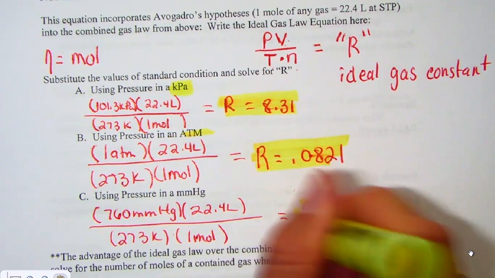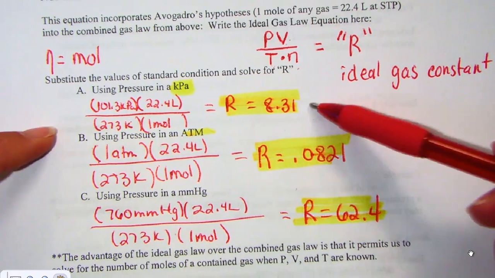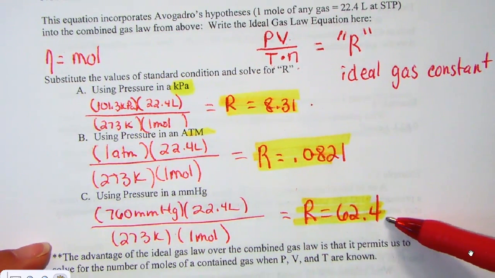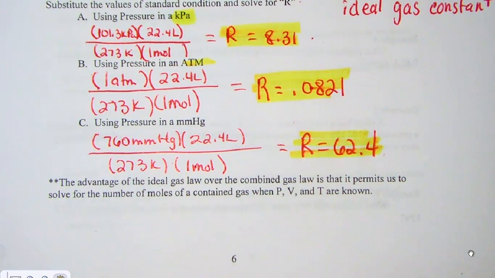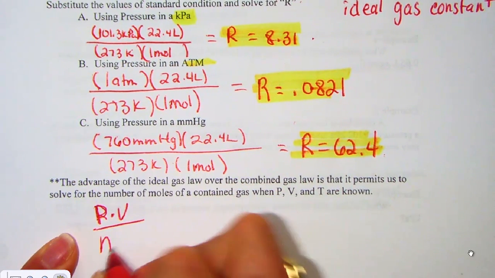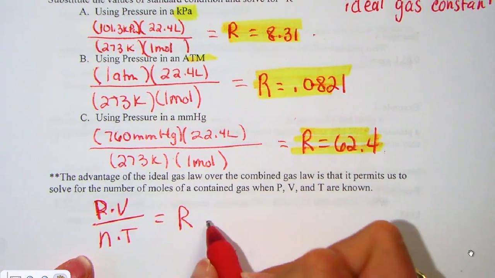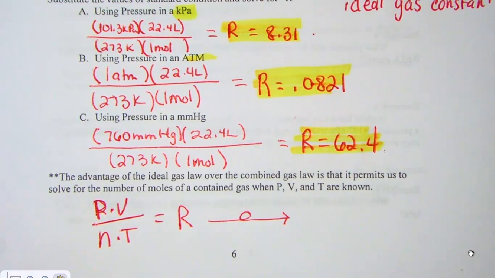If we're working a PV = nRT problem and pressure is given to us in millimeters of mercury, I have to match the R constant to the 62.4. In order for these units to work out, we've made the pressure units match the R constant. So introducing the last variable, we have P times V set over N times T equal to this constant we called R. In a more familiar format, we simply rearrange those variables.